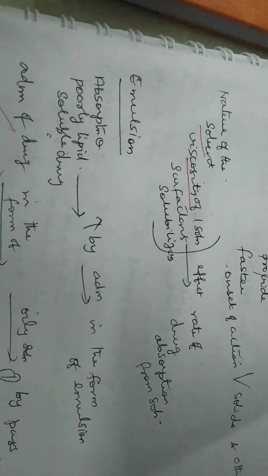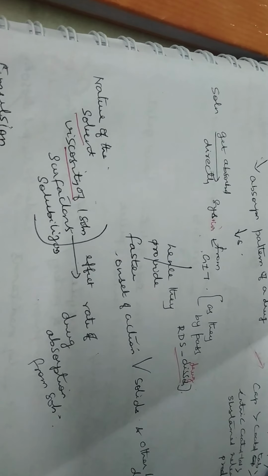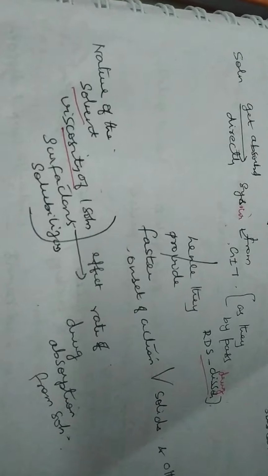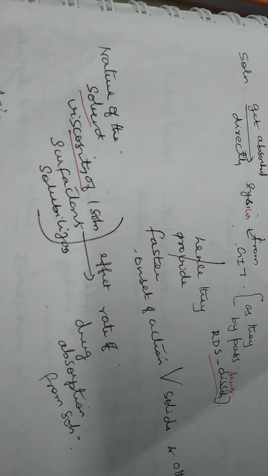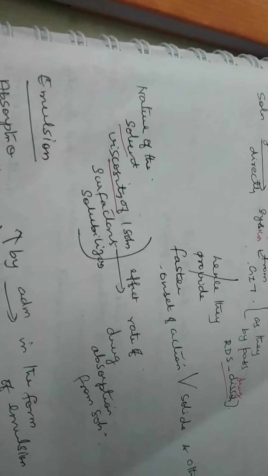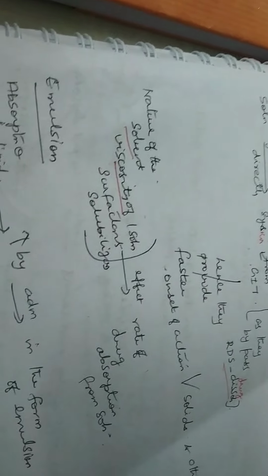So depending upon whether the solution is viscous or aqueous, or whether surfactant and solubilizer make it thick, the rate of absorption differs, because viscosity has an effect on the rate of absorption.